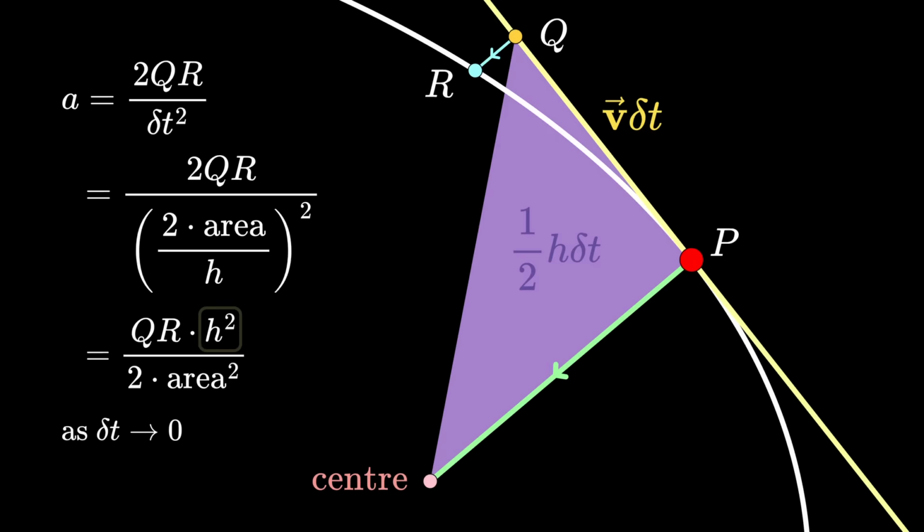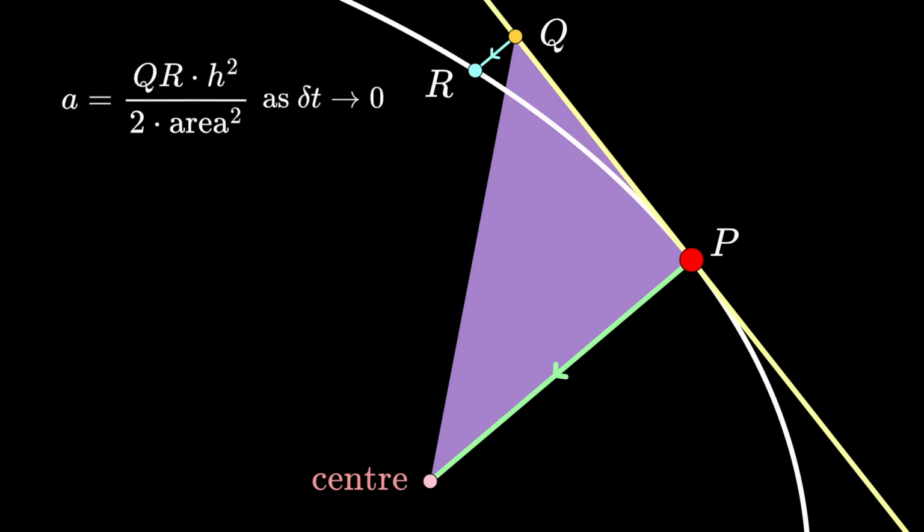Now h is still not a geometric quantity itself, but we know that it is a constant. So once you set this constant, you can determine the acceleration purely from the geometry of the orbit, which is pretty neat. But one thing to note is that this formula depends on where you put R in the first place, which affects the position of Q and everything.